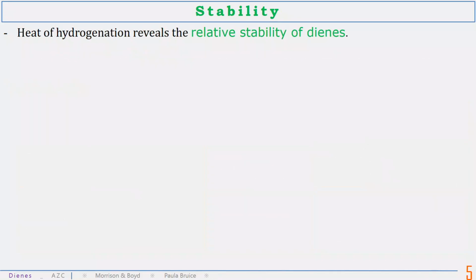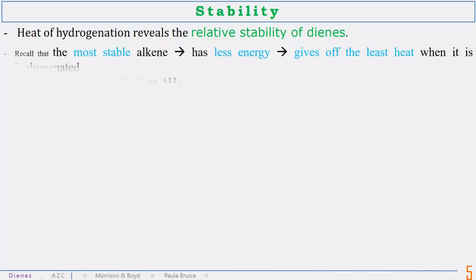Stability of dienes. Heat of hydrogenation reveals the relative stability of dienes. Recall that the most stable alkene is one that has less energy. Thus, it gives off the least heat when it is hydrogenated. So the most stable alkene has less heat of hydrogenation.